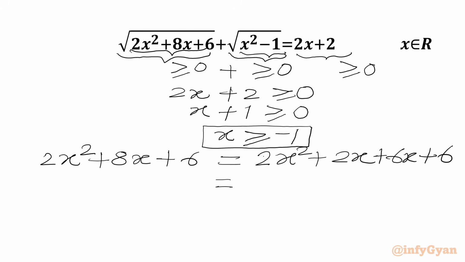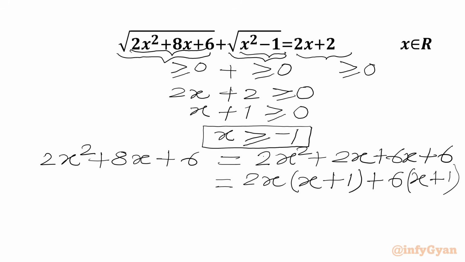Now from first two terms we can take 2x common. So in the bracket there will be x plus 1. From next two terms, if we will take 6 common, we need to write x plus 1 once again. Now x plus 1 is overall common. We'll write x plus 1 times 2x plus 6.